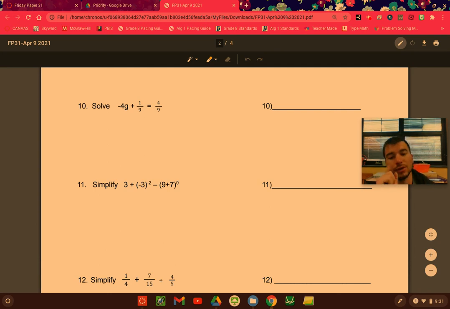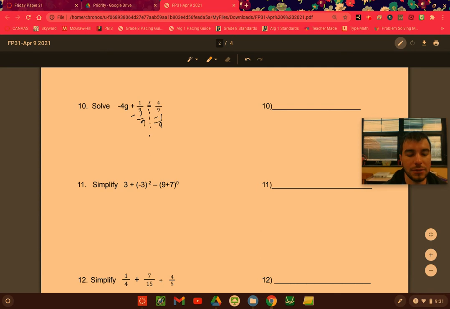I'll show how Mrs. Golding did it and then how I did it. I think Mrs. Golding's way was quicker, but both of them work exactly the same. Both of our ways start with the same process. We want to isolate our variable, get g all by itself. So I'm going to subtract 1/9 from both sides.